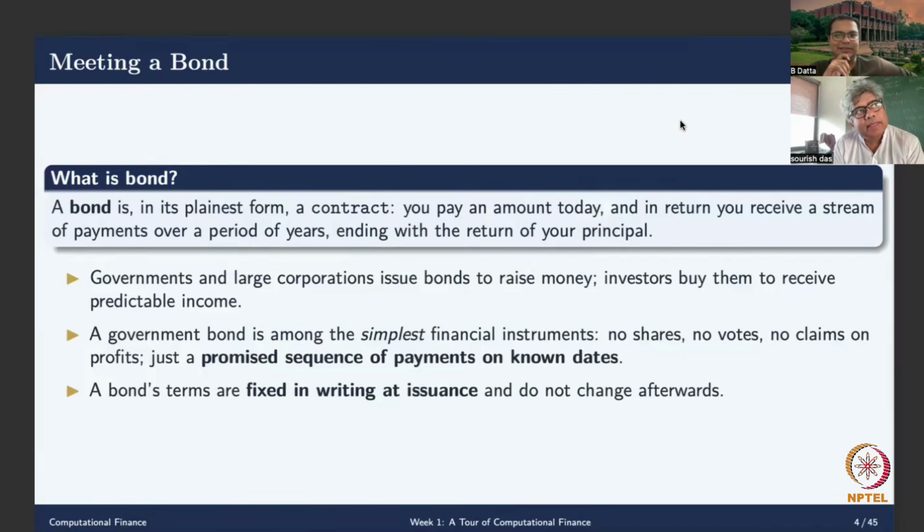The only difference is, if you hold a fixed deposit, you cannot turn around and give it to your cousin and say, okay, I'm selling this fixed deposit to you, and you can go to the bank on a certain maturity date and get it back. A fixed deposit is a contract between the investor and the bank, and you cannot sell it to a third party.